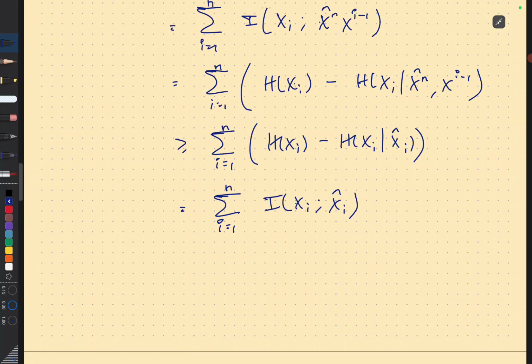So now remember, each of these is some function of the joint distribution between xi and xi hat.